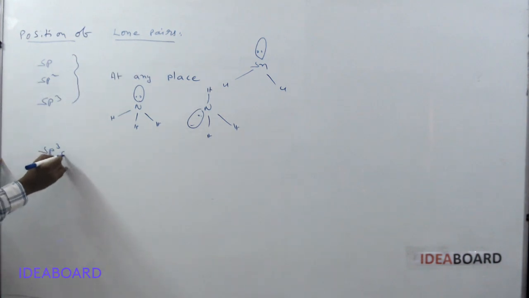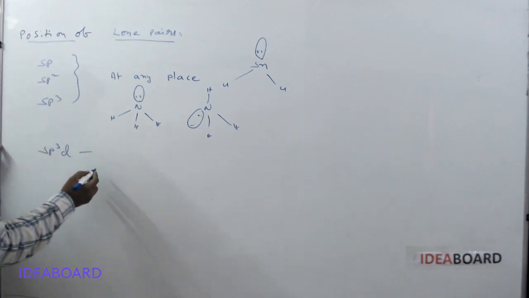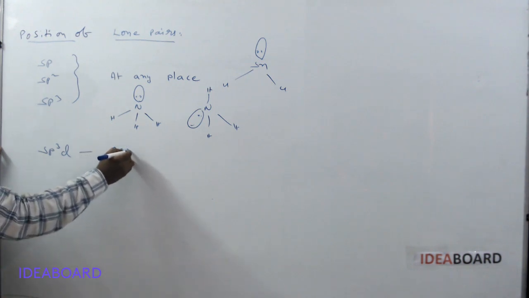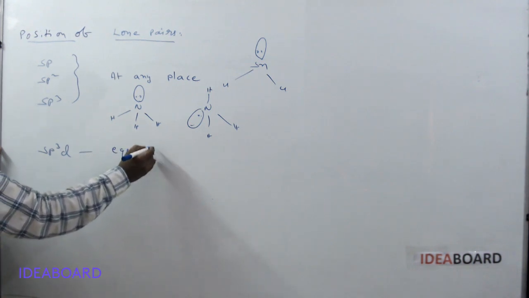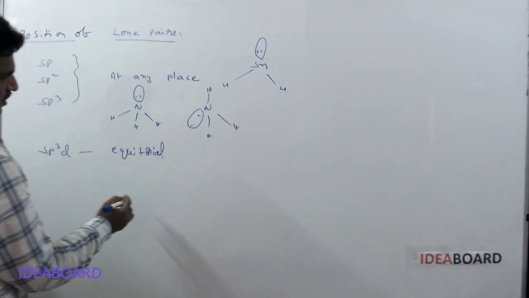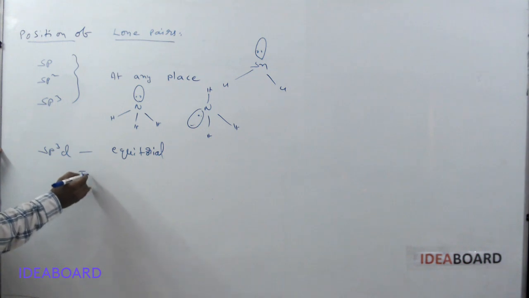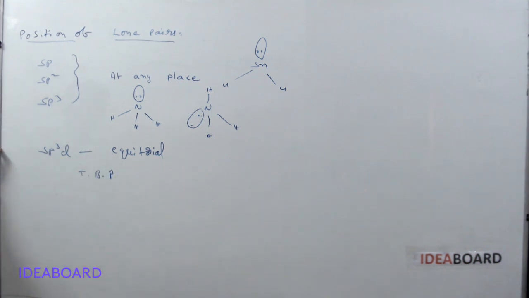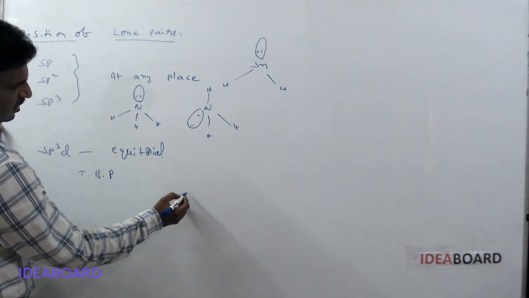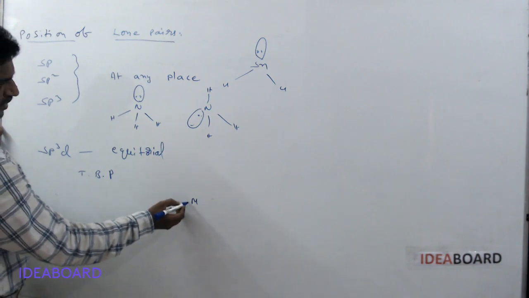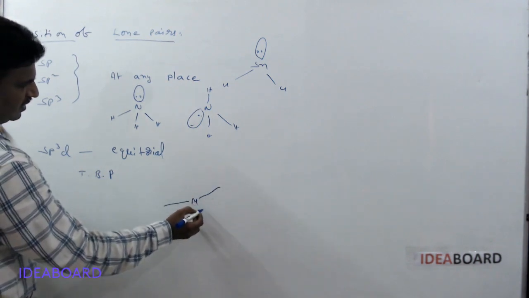But if you are taking sp3d hybridization, if there is a lone pair, then always write it in the equatorial position. Equatorial position only. Here sp3d means what is the molecule shape? It is trigonal bipyramidal. Trigonal bipyramidal means generally the central atom I am writing as M, and the equatorial positions, how can we indicate?